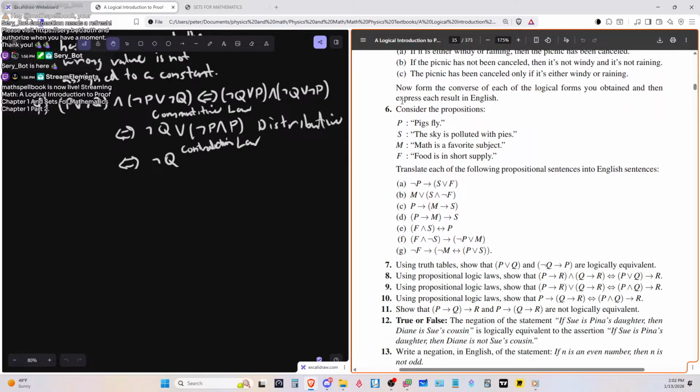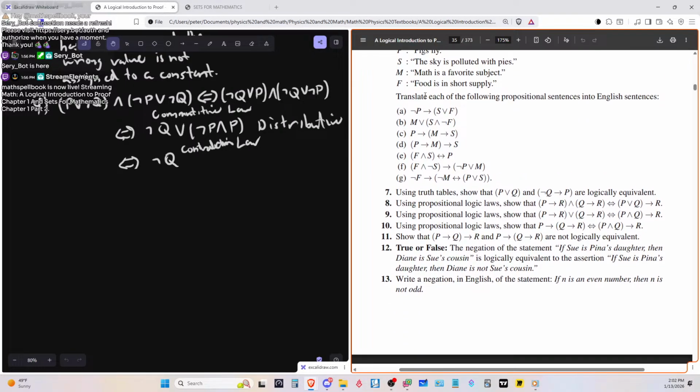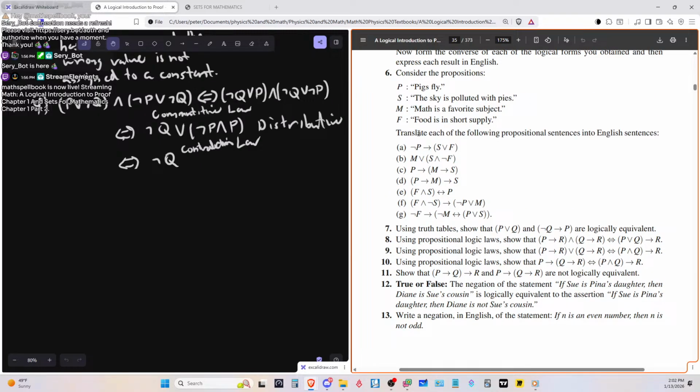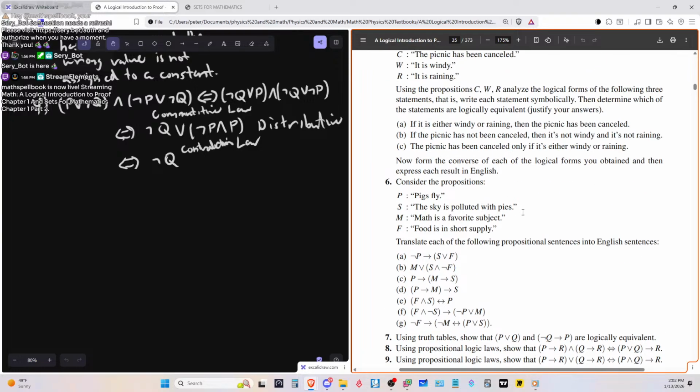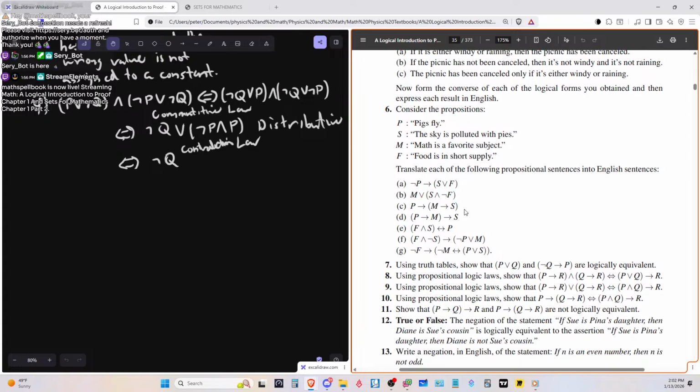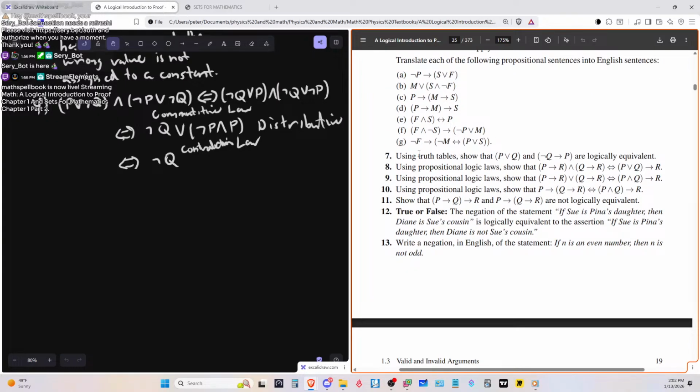So what else do we have here? It looks like we're comparing a lot of propositional things. Translate each of the following propositional sentences into English sentences. Okay. Oh, okay. So we have the sentences here. So we have to translate this. Okay. Using truth tables show. Okay.